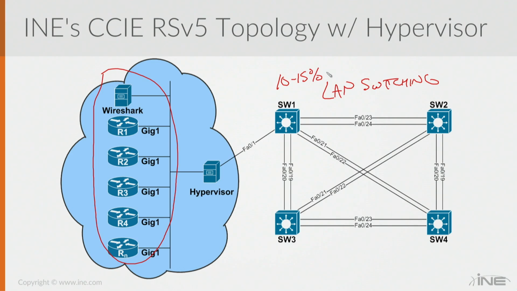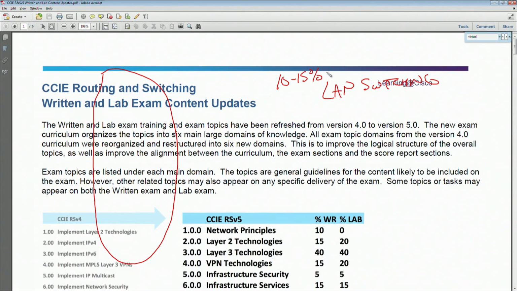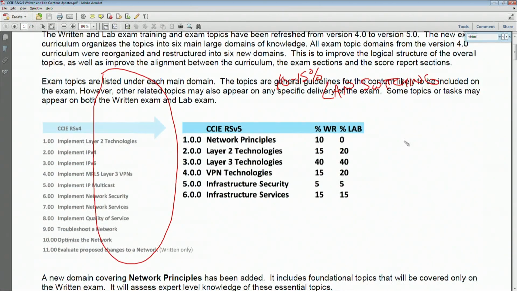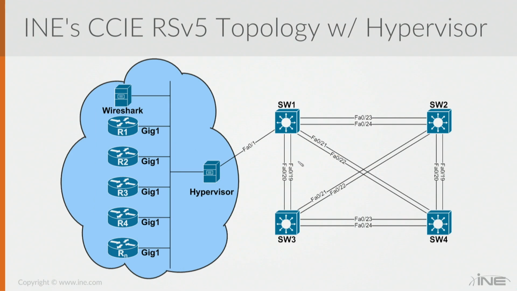And I think they specifically say that in this document. What's the distribution of topics? So they're saying for the lab 20%, give or take. But layer 2 technologies, this doesn't necessarily mean just LAN switching. Okay, so this is essentially what the physical diagram is now going to look like that we are using.